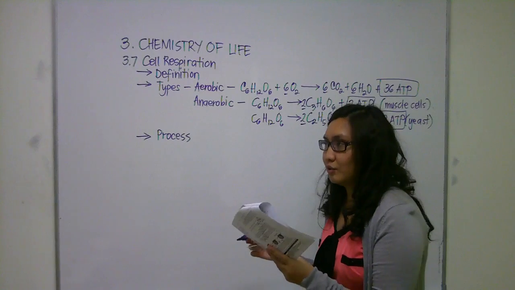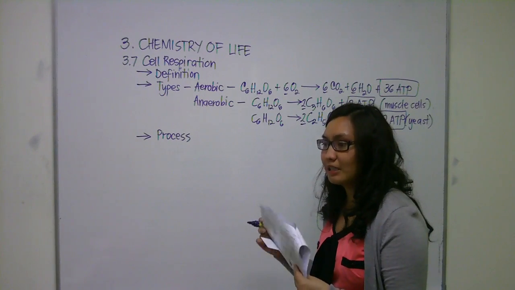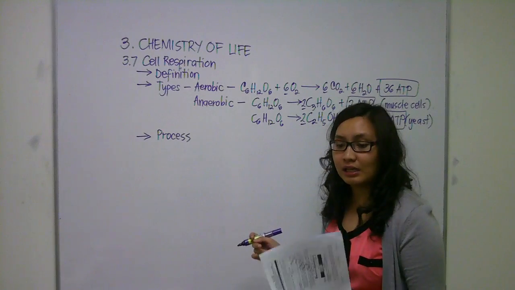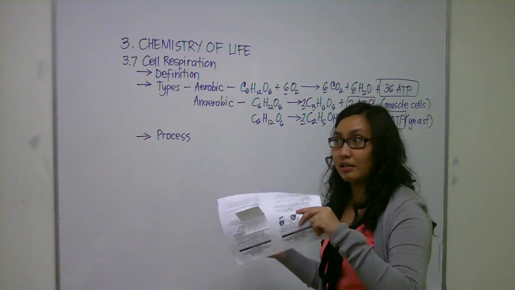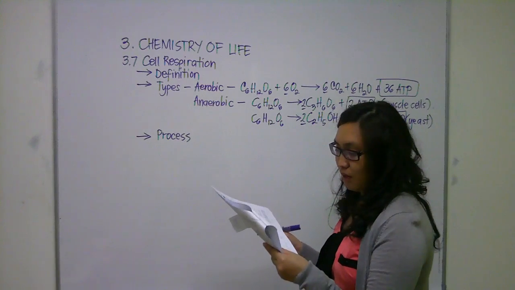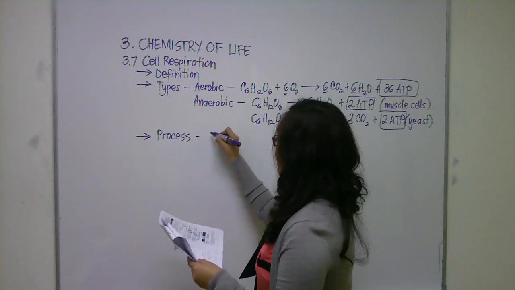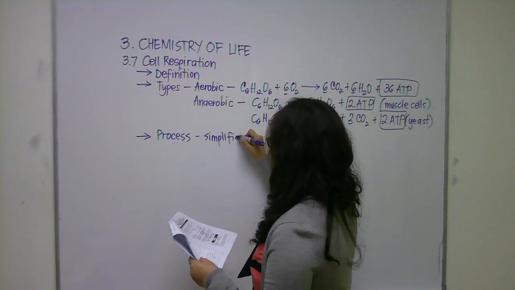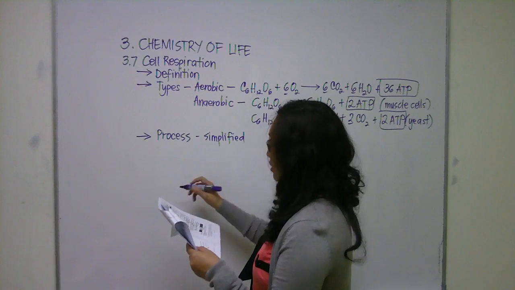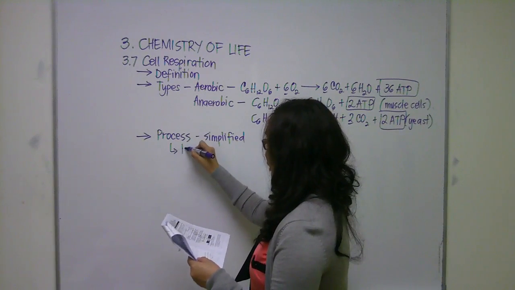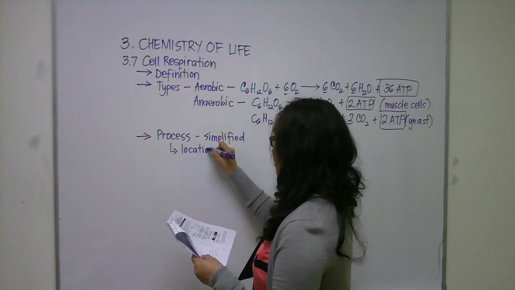We don't need to elaborate on the Krebs cycle, the link reaction, and the electron transport chain that are to be discussed later on in Chapter 7. So this one has to be simplified. We can just discuss under the process the location where it occurs.